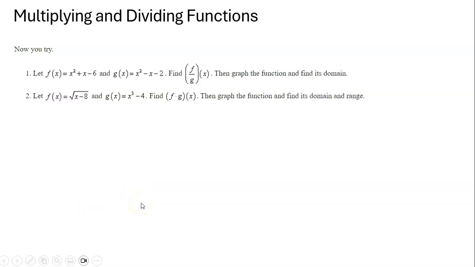Okay. So we know that the domain of f of x, which is this, is going to be negative infinity to positive infinity.